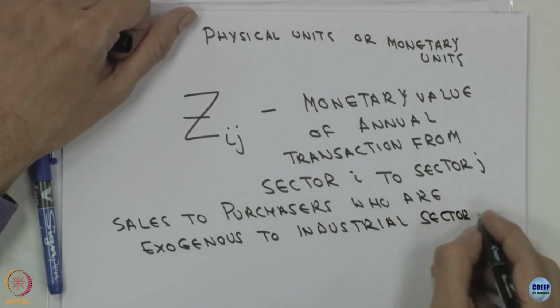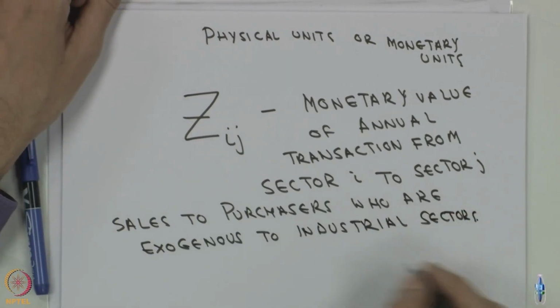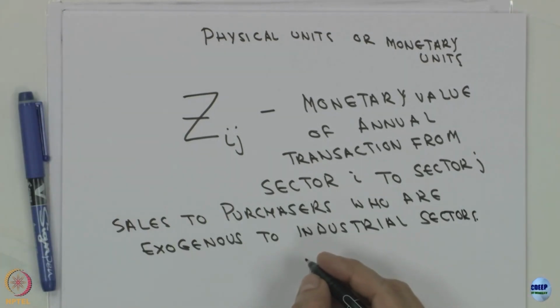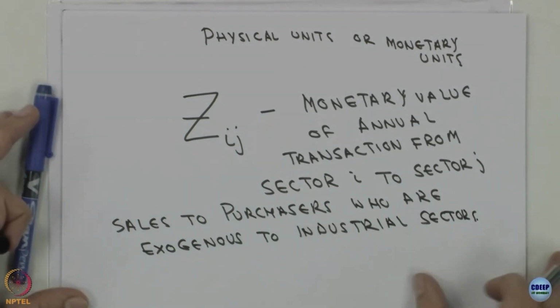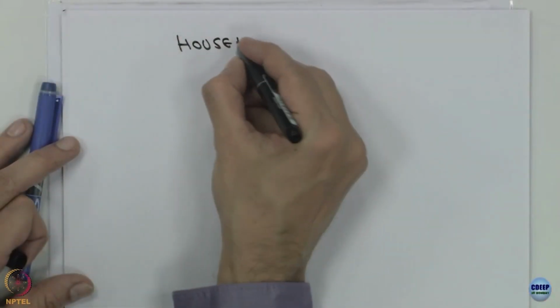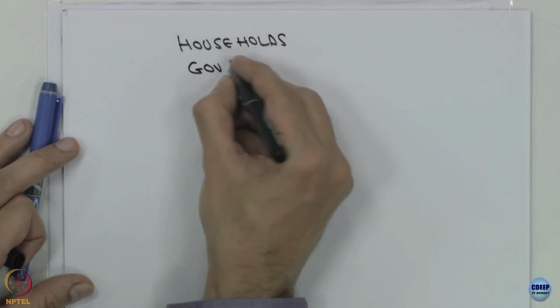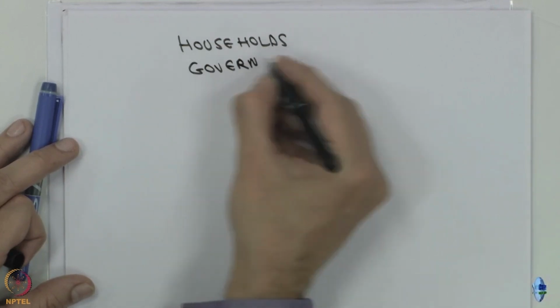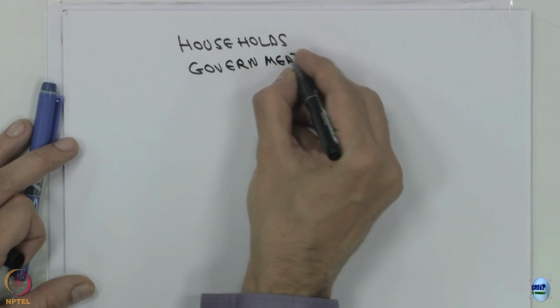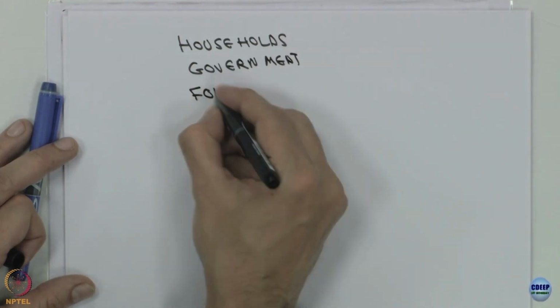This will be the external demand, from those who are not producers. So these sectors would typically be households, government, or maybe you are exporting it, foreign trade.